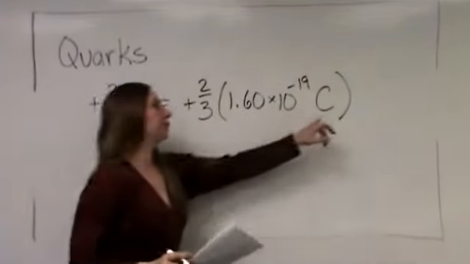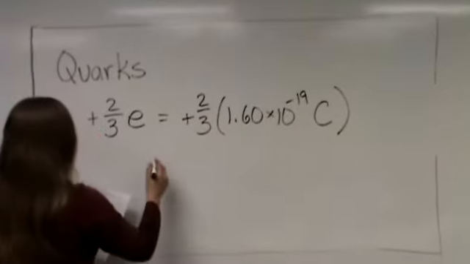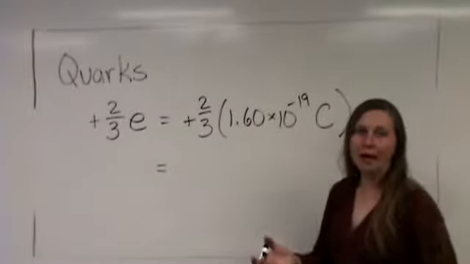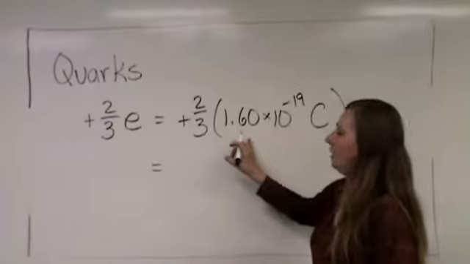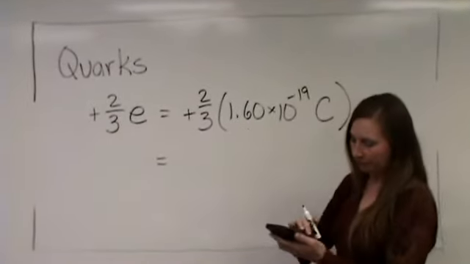If they ask you for a charge in coulombs, right, there's your elementary charge there. Now, how should we do this math? There are two ways we could do it. We could say 2 divided by 3 and then multiply by 1.6 times 10 to the negative 19. Let's do that.